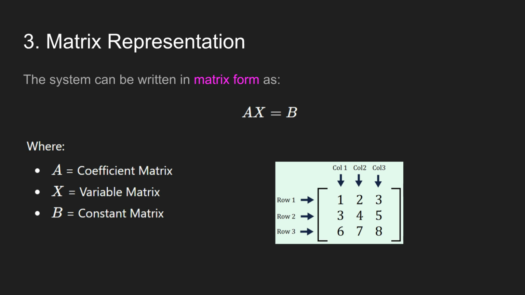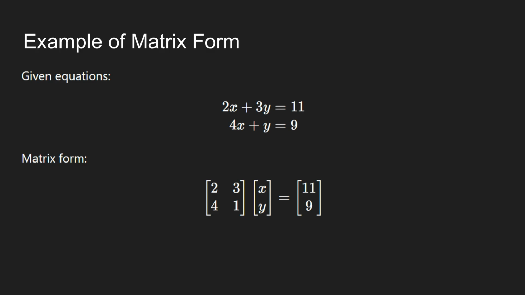This system can be expressed in matrix form as AX equals B, where A is the coefficient matrix, X is the variable matrix, and B is the constant matrix. Here is an example illustrating how the linear equations 2x plus 3y equals 11 and 4x plus y equals 9 are represented in matrix form.